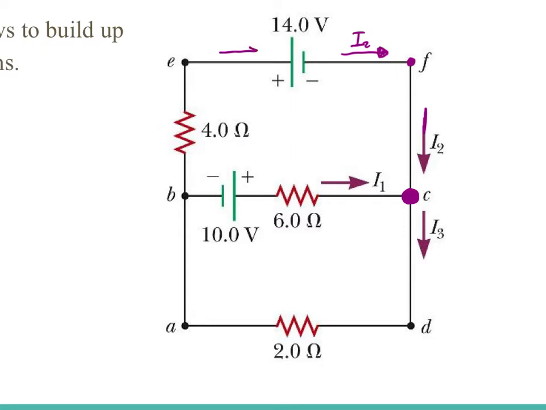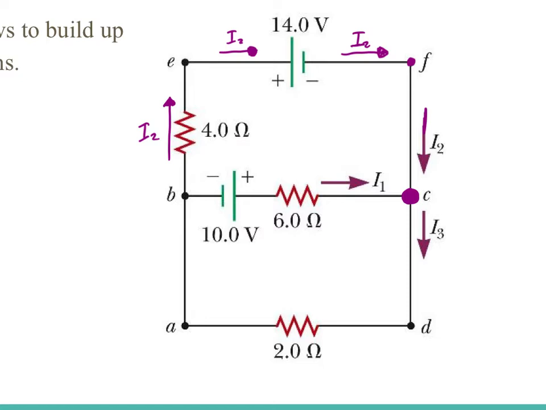Same thing on the other side of the battery. And the same thing going up the 4 ohm resistor right there. In that way, we can say that our 4 ohm resistor has a current of I2 through it.